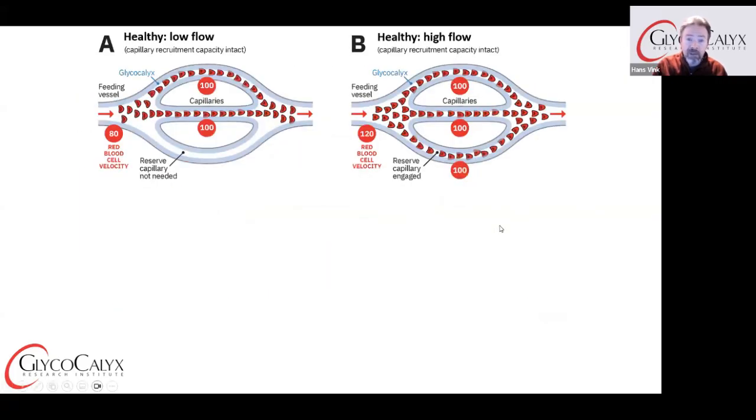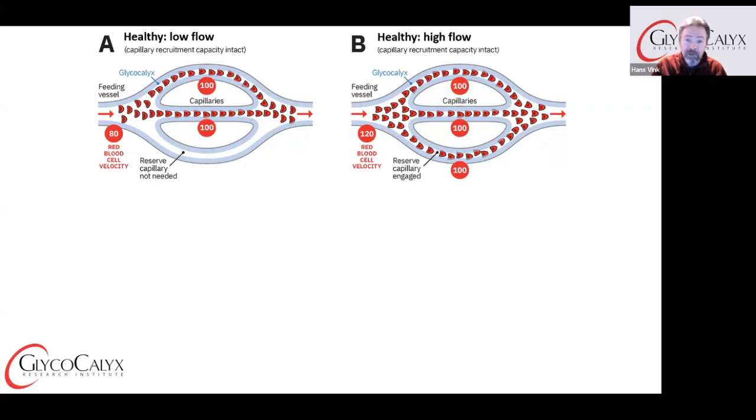Well, another phenomenon that we observed with the Glycocheck device is if you compare the healthy microvasculature at the low flow situation on the left or a high flow situation on the right, that in addition to increasing blood flow from 80 to 120, so a 50% increase in blood flow, there's also a 50% increase in the numbers of perfused capillaries.